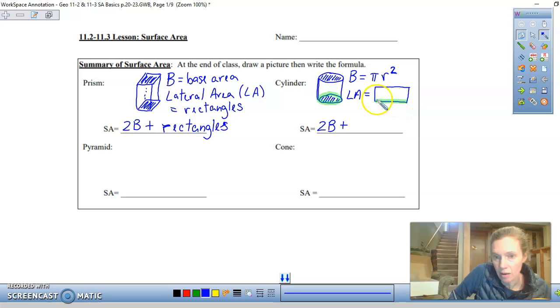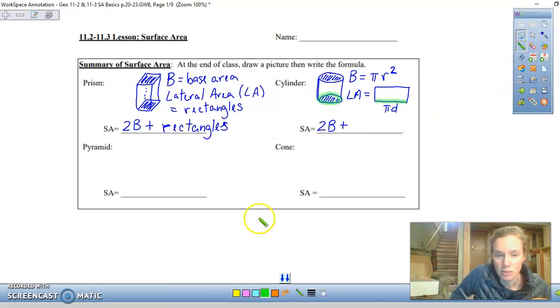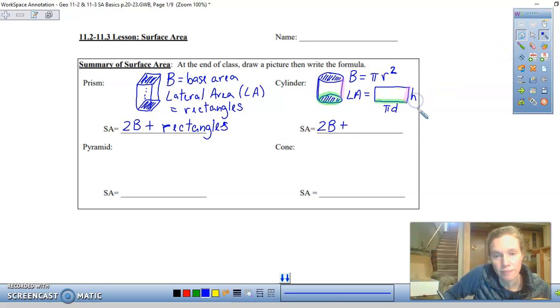So this side of the rectangle is the circumference, pi times diameter. And then the height, so we'll do that in a different color. The height here would be the same as the height of the lateral area. So that is going to be h. So to figure out the lateral area of a cylinder, you do pi times diameter times h. So pi d h.